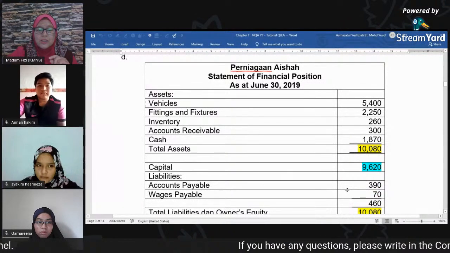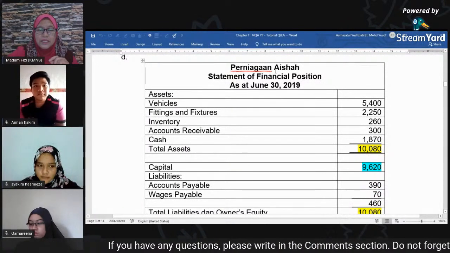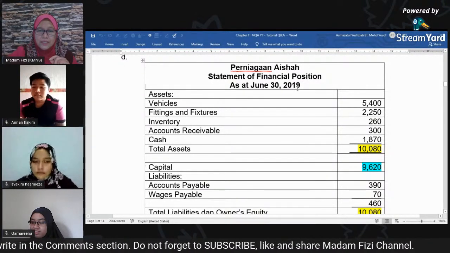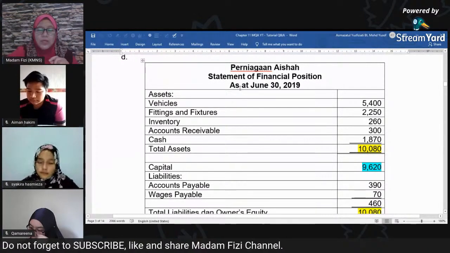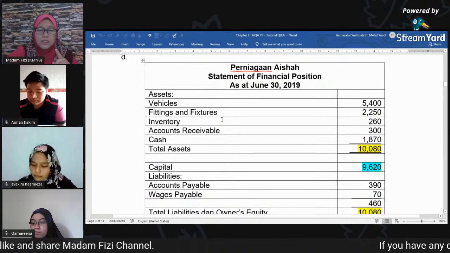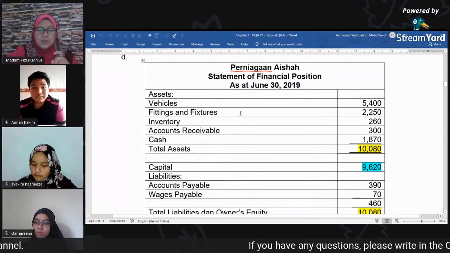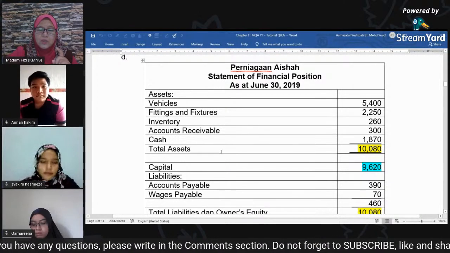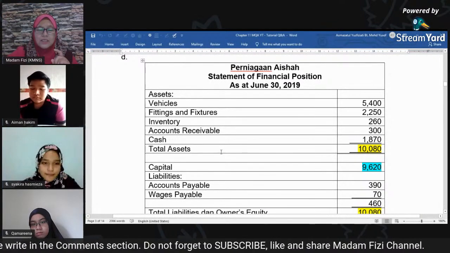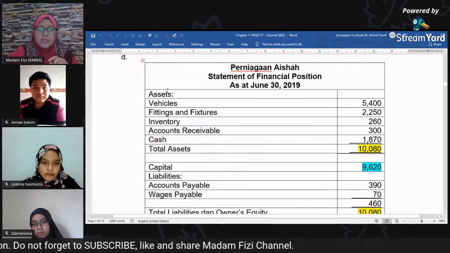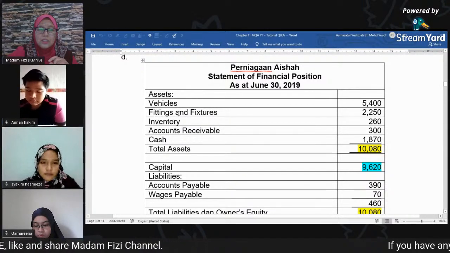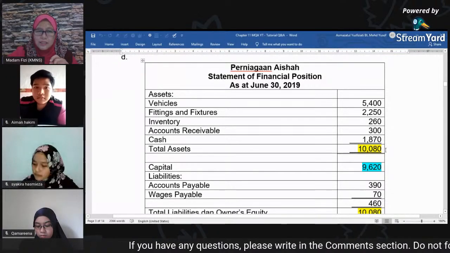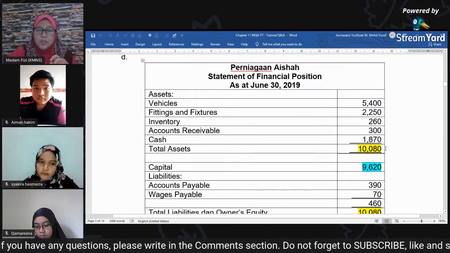Okay. So next is to prepare the financial position. As usual, you write down the title. Perniagaan Aisyah, Statement of Financial Position as at June 30th, 2019. So for financial position, you take the closing balance. Financial position is asset equals to owner equity or capital plus liabilities. So total closing asset is 10,080. This figure you get from the questions.